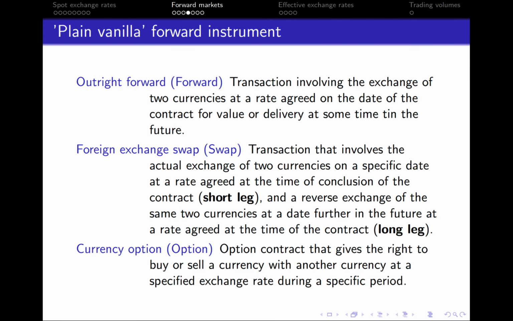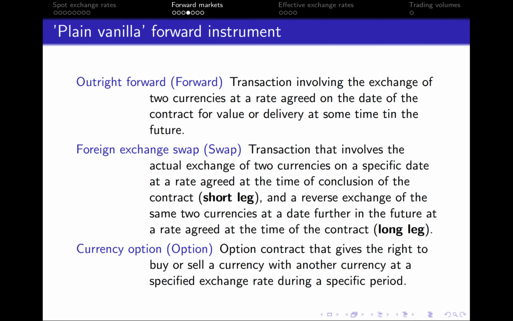The company was worried about the future exchange rate and about the potential loss. So they agreed with some other company at what price they're going to exchange currencies in the future. And of course, for this privilege, the company needed to pay some extra to reward the other company for doing so.